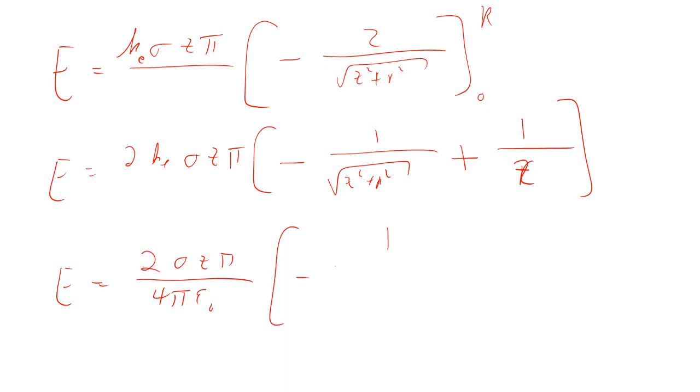And so now, minus 1 over the square root of z squared plus r squared, plus 1 over z. That pi goes away.